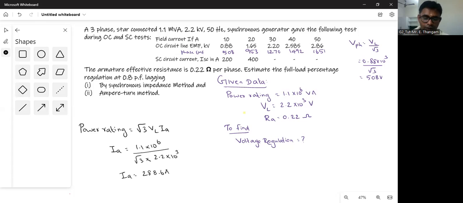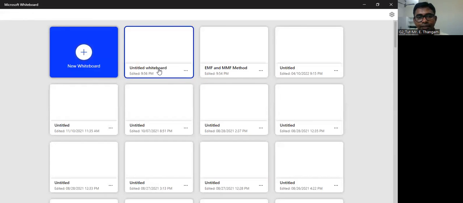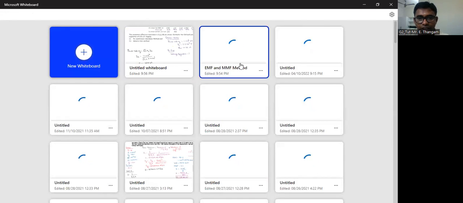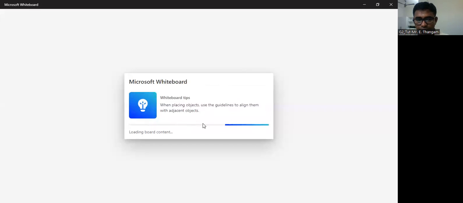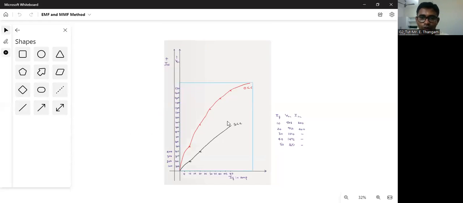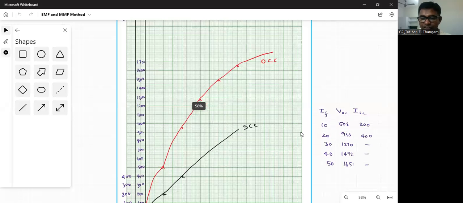Then from the graph, what is the objective? Why do we need a graph for the EMF method? It is to calculate the synchronous impedance. If we are doing anything, there definitely should be an objective, right? So why do we need to plot the OCC and SCC graph? To calculate the synchronous impedance.